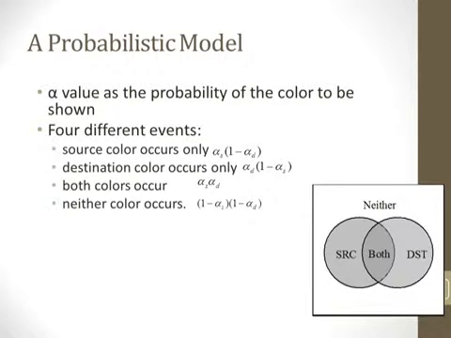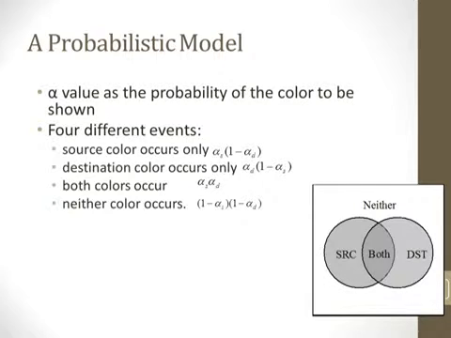First, source color occurs only; second, destination color occurs only; third, both colors occur; fourth, neither of the colors occurs. The following figure illustrates the four events, each occurring with a probability.